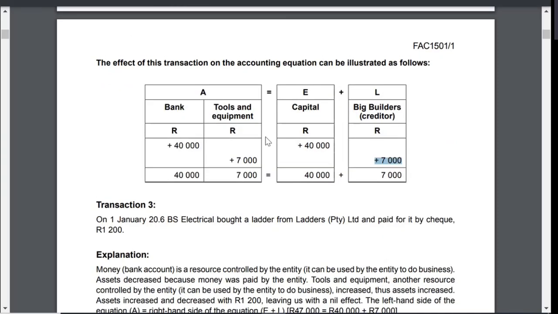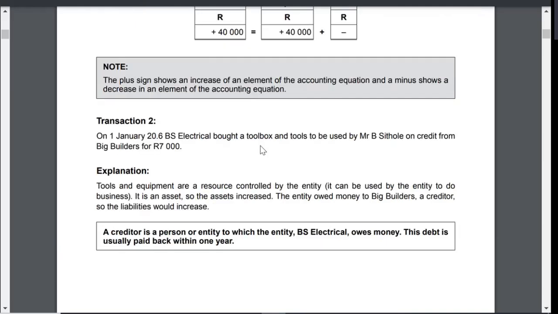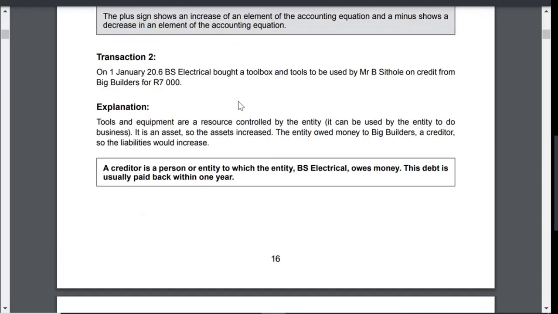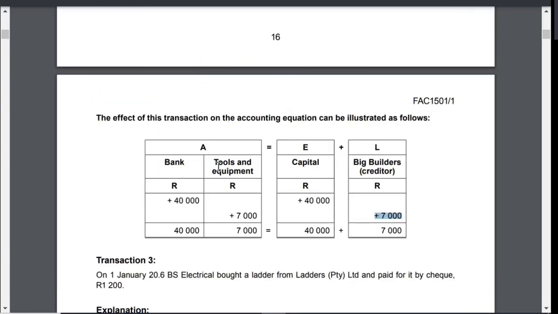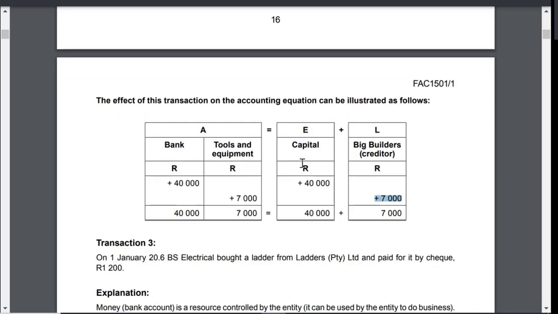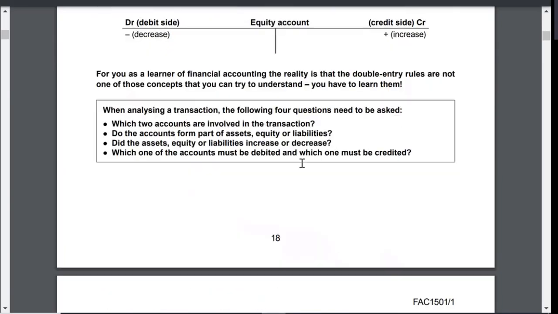Oh, before we do transaction number 3, I want to show you the general ledger. What do you think the general ledger will look like for those two accounts? The accounts are tools and equipment and Big Builders, the creditor. So let's look at the general ledger.